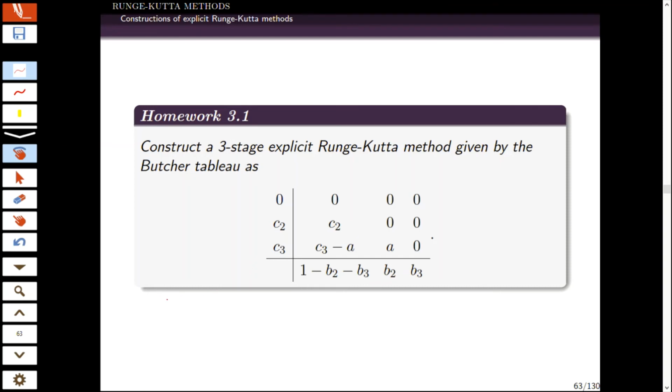Let's see. We have this 3, and we have the tall 3, and then we have the bushy 3 for order 3. Is there any other way? No. So there are 4 conditions to satisfy order 3 for a 3-stage method.